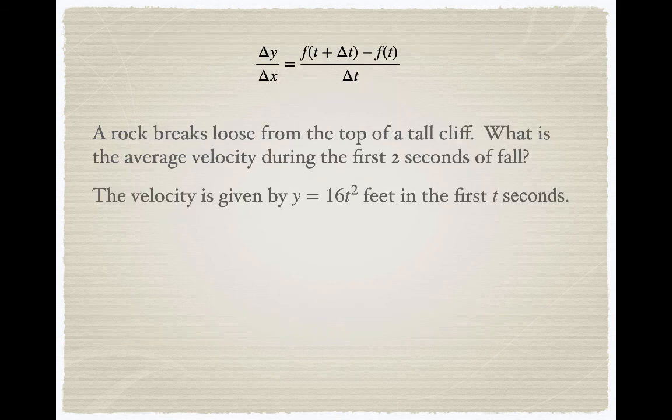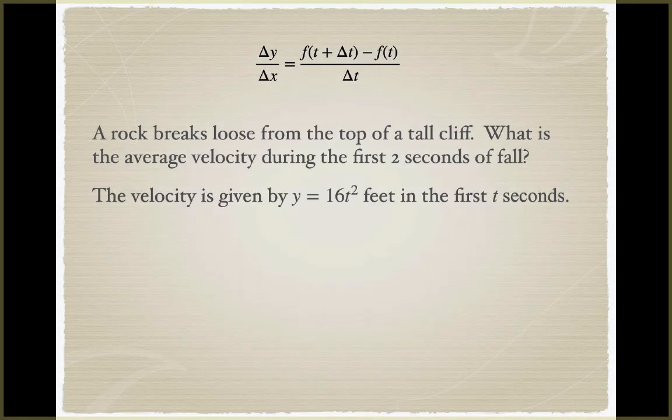A rock breaks loose from the top of a tall cliff. What is the average velocity during the first 2 seconds of fall? We're given that the distance is given by y equals 16 t squared feet in the first t seconds. So we're finding the average velocity in the first 2 seconds. Our initial t is 0, because we're starting at 0 seconds, and our delta t is 2.